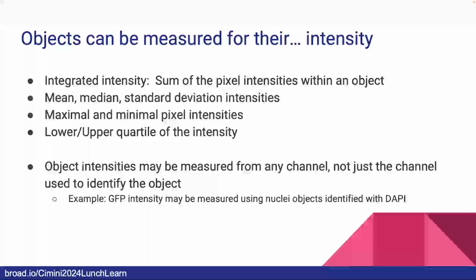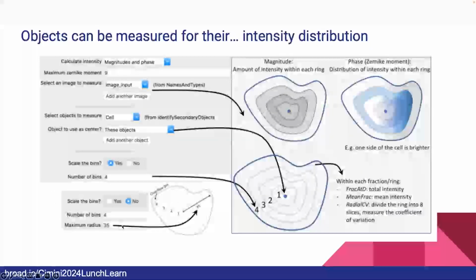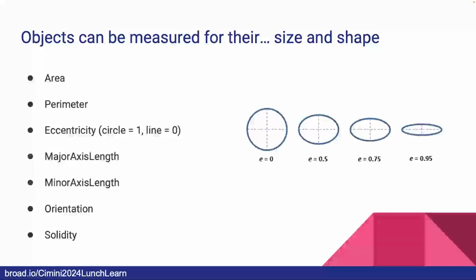that are useful measurements. So probably many of you are used to the idea of, you have some fluorescent label for a thing that you care about. You want to measure if the intensity went up, maybe there's more of the thing, or maybe where the intensity is a little bit different. That's a metric that biologists tend to be used to thinking about. We're also pretty used to thinking about the size and the shape of the things that we measure.